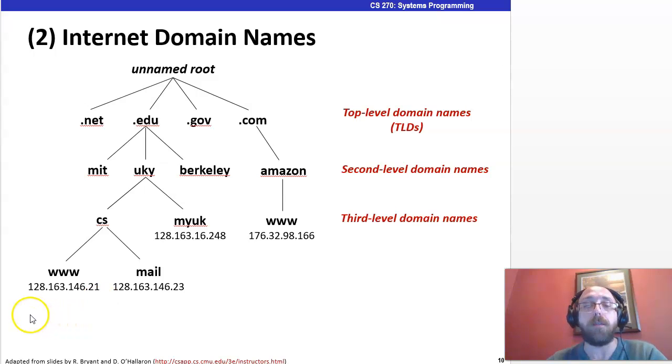But after some amount of time, and again, that depends on how the maintainers of the particular domain in question set up their tables, it will forget that, have to send the request out to the root servers, and eventually get a response back from the CS department name server, which will have the new IP address.